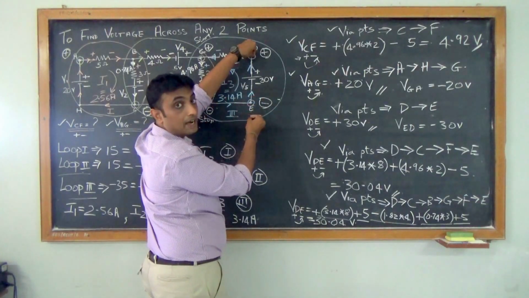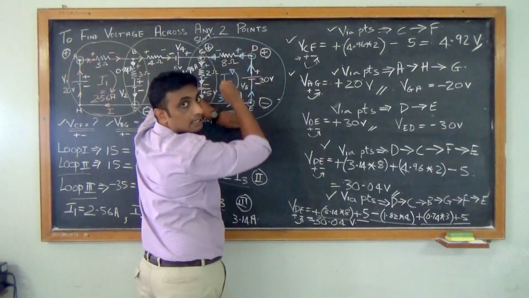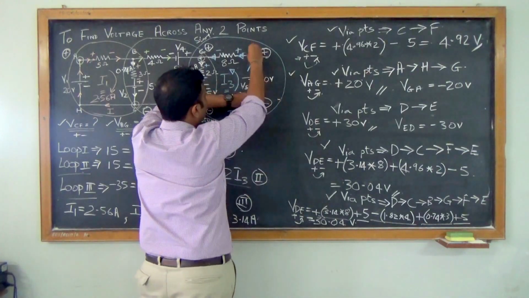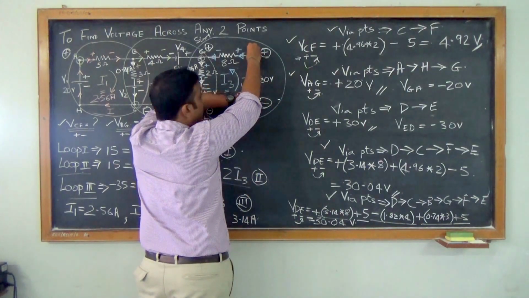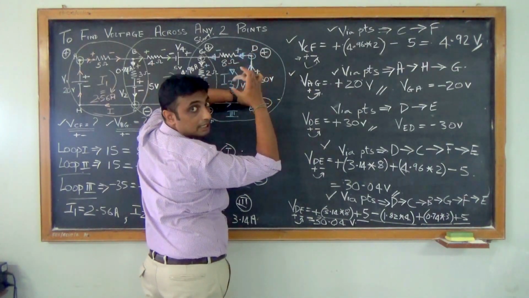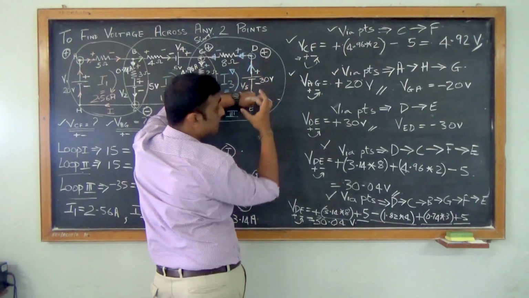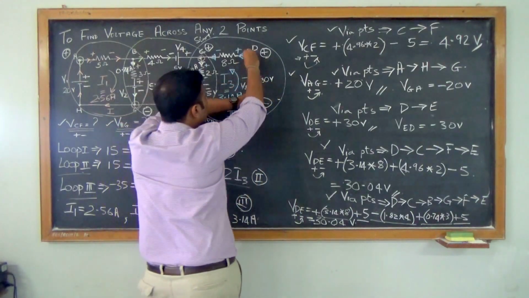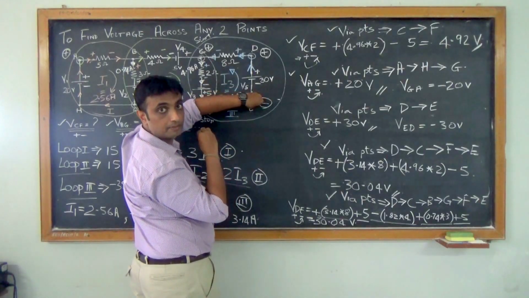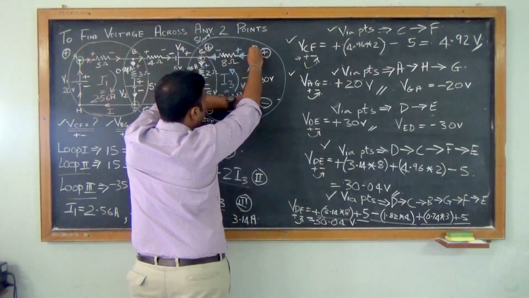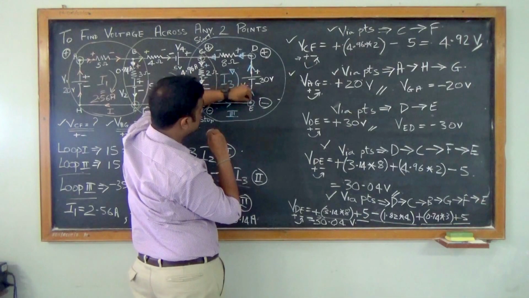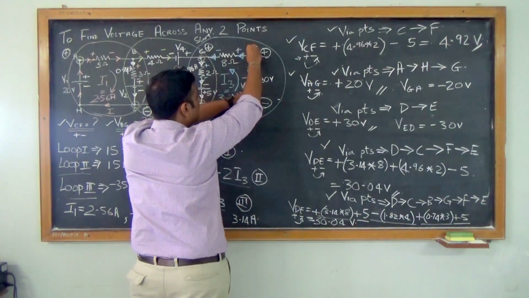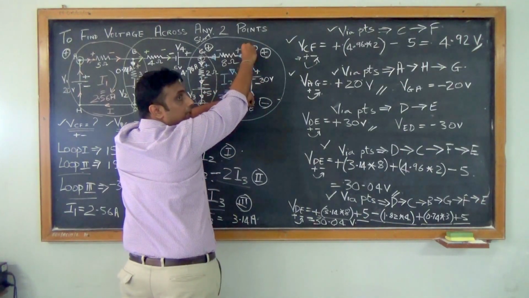But if I interchange my terminals and connect my positive here and negative here, then what will happen? On my multimeter display or on my voltmeter, I will get minus 30 volts, because this is my positive terminal and this is my negative terminal of my multimeter.